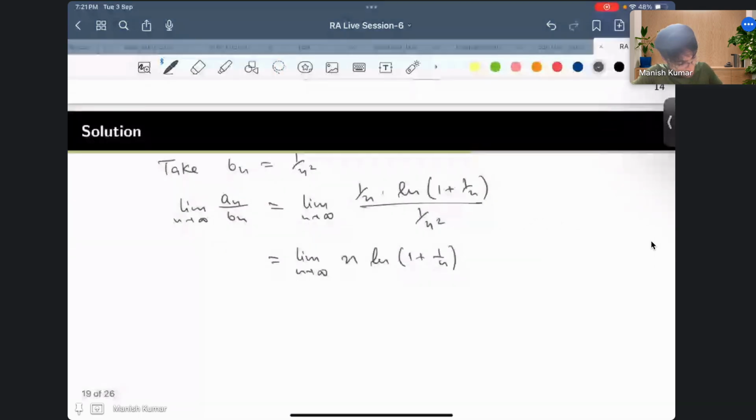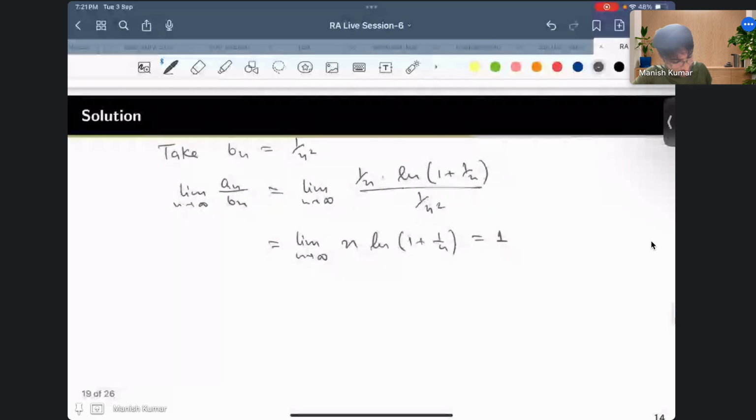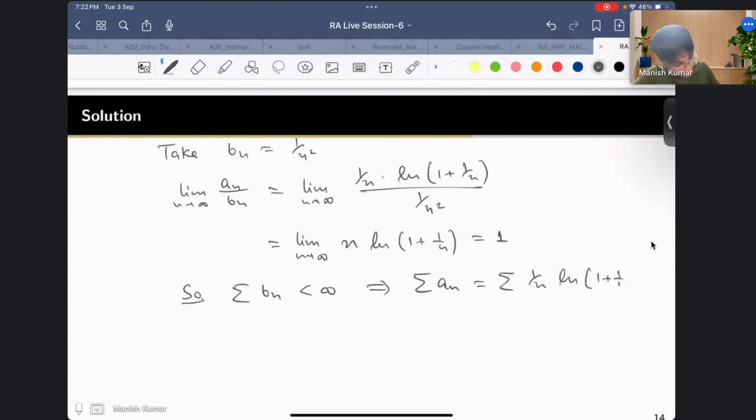Now this limit is this one: n, and there 1/n, so it is 1, right? So this is 1, therefore the summation of b_n is convergent, which implies the summation of a_n, which is the summation of (1/n) log(1 + 1/n), is also convergent. But this is unnecessary effort, because from here only you get the answer.